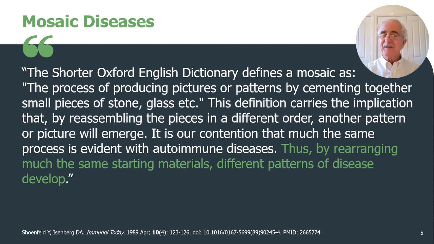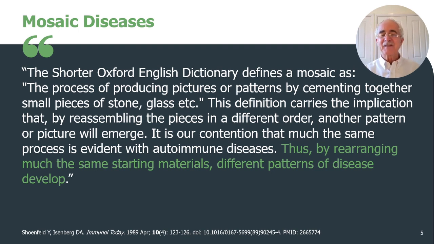And it's our contention that much the same process is evident with autoimmune diseases. Thus, by rearranging much the same starting materials, in other words, the same sort of predisposing and causative factors that cause autoimmune disease, different patterns of disease develop.